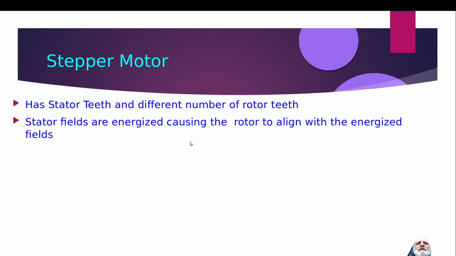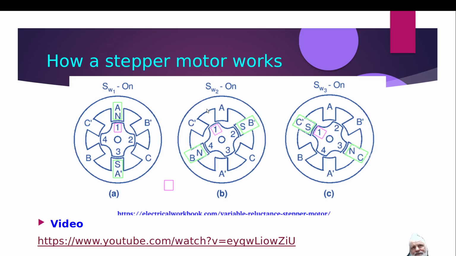Another type of motor we have is a stepper motor. A stepper motor is kind of like a brushless DC motor, but it's designed to move in just steps instead of constant moving. So you have to keep giving it steps to keep it moving. Here's an example.